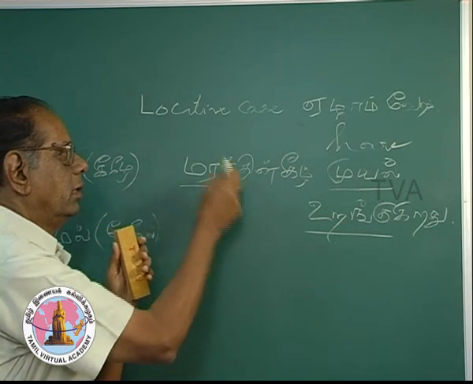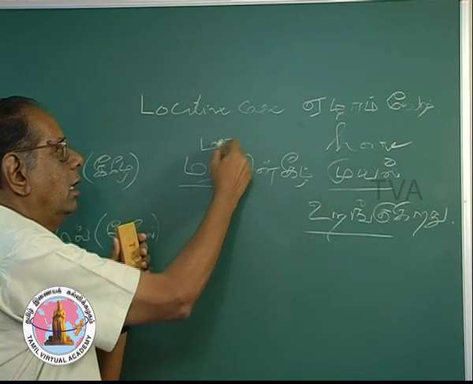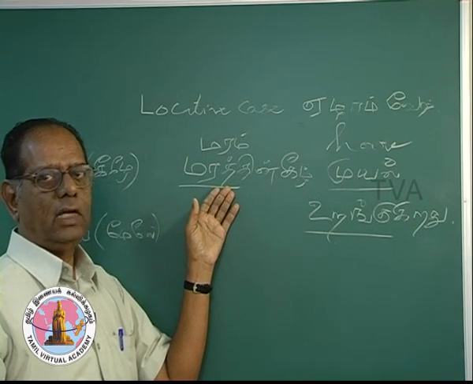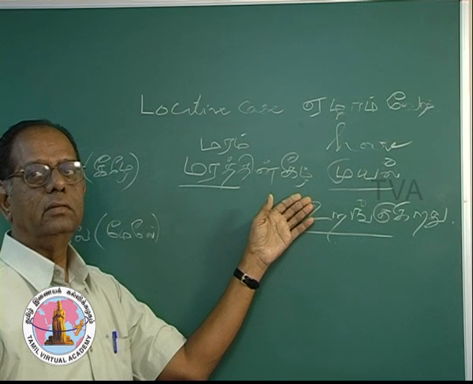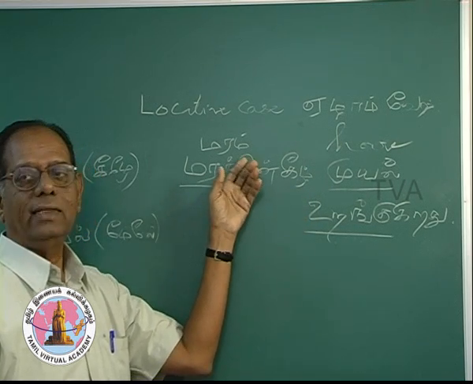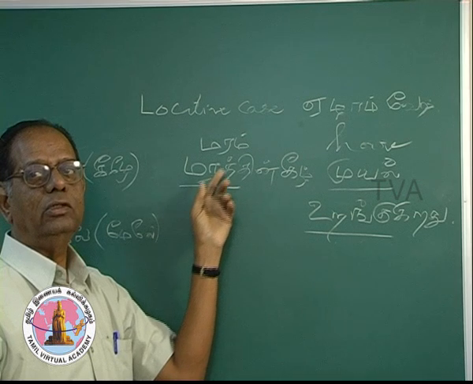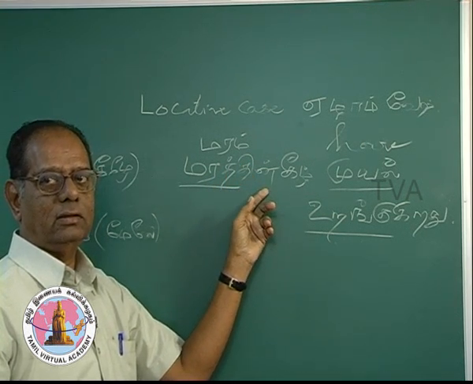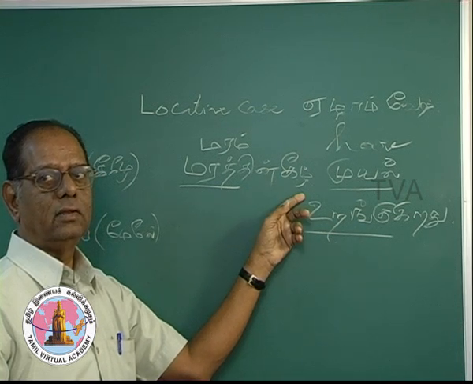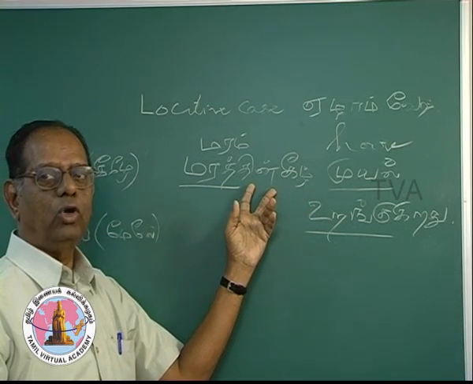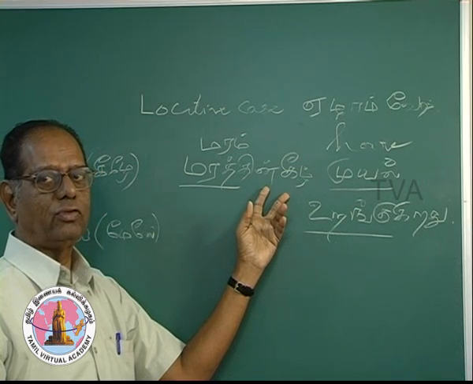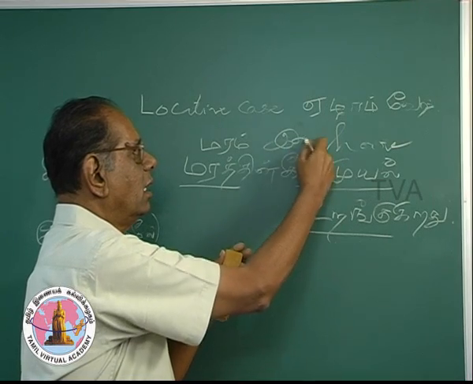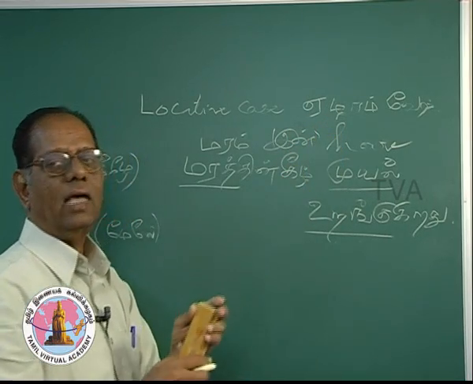Now, maram is the word. I try to add keel. Naturally, it takes up attu because it ends with m. So, maram plus attu becomes marattu keel. And to join these two terms, another suffix in is added.